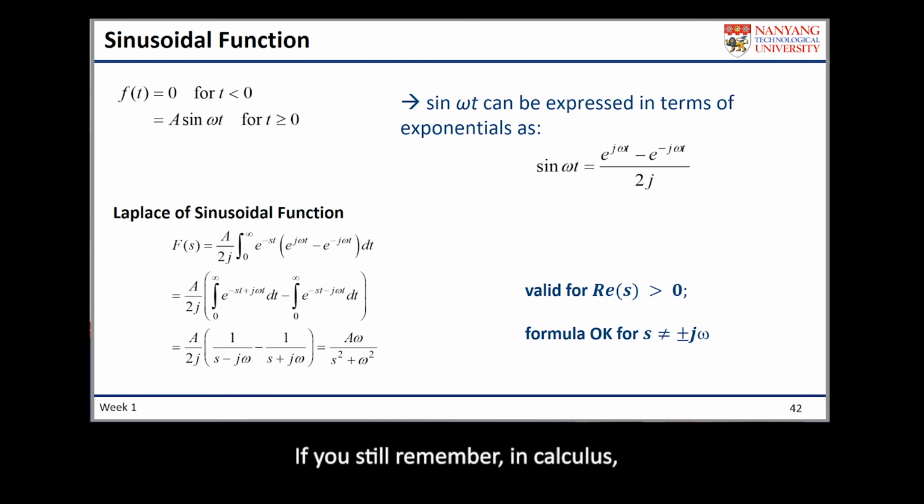If you still remember, in calculus it is mentioned that sine omega t can be expressed in the following exponential form. So you can write sine omega t as exponential of j omega t minus exponential of minus j omega t, divided by 2j, where the j here denotes the imaginary number.